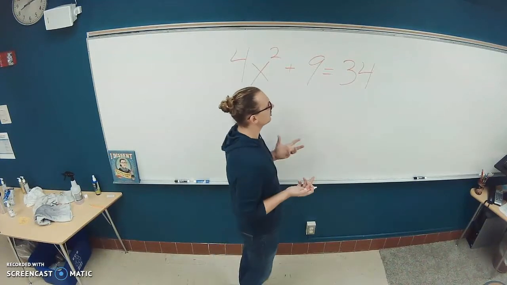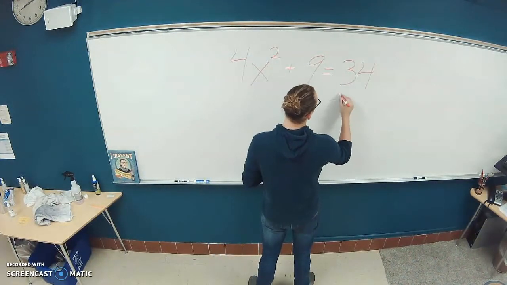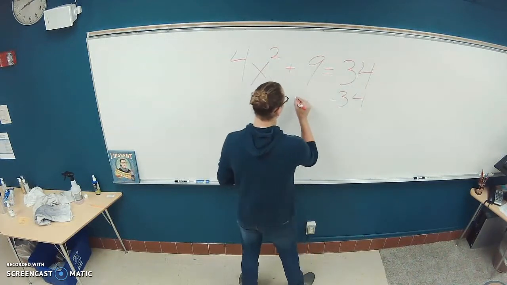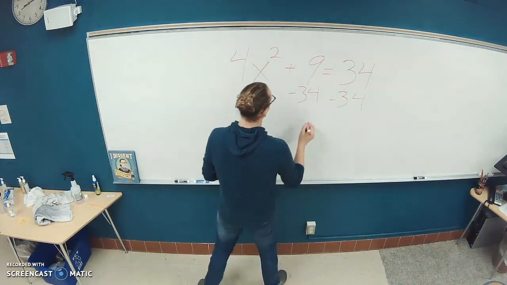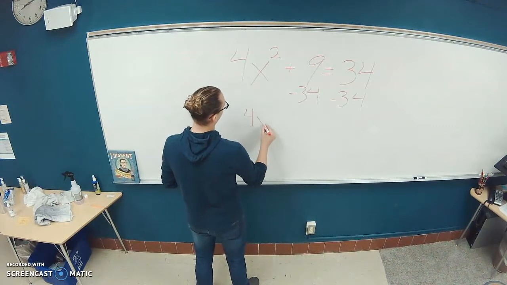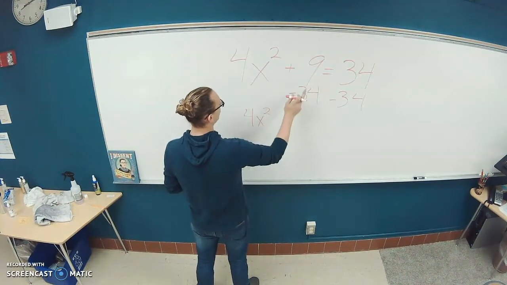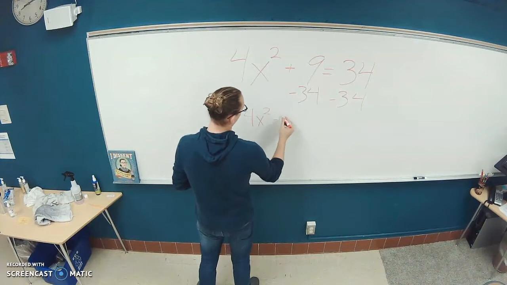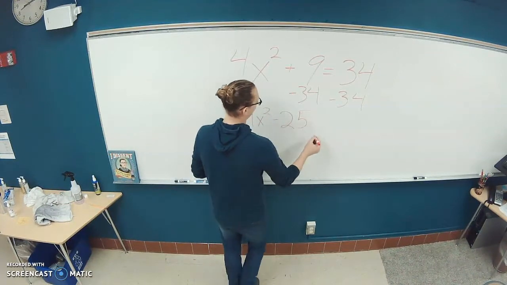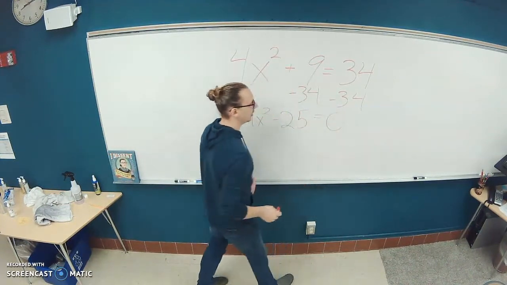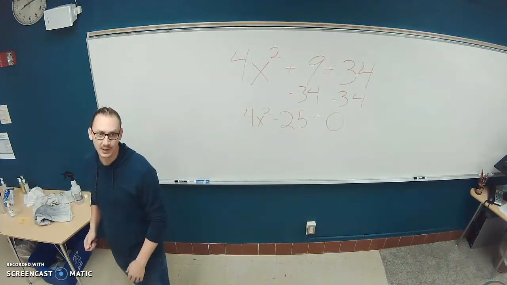Okay, we can't change the values like that. But we can subtract 34 from both sides. And then we will have 4x squared, 9 minus 34 is negative 25, equals 0. So now this is something that we can play with.